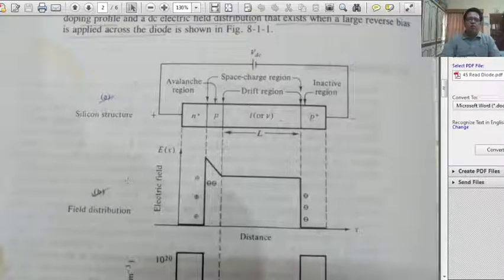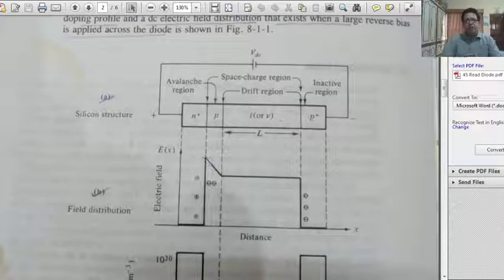From it, what is the field distribution? We see here you are applying the bias, but this is heavily doped and this is also heavily doped. Hence the electric field is low here and here. But after that it is rising here, again at the boundary of the space charge region.